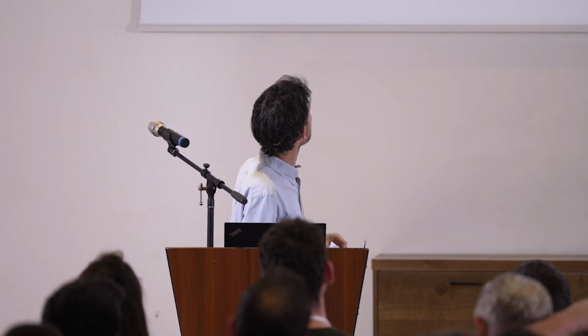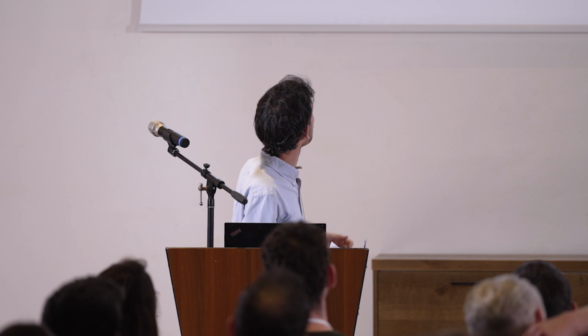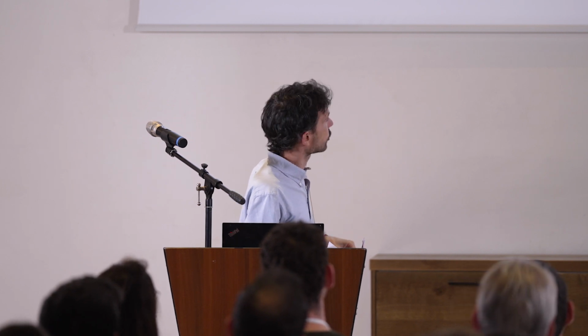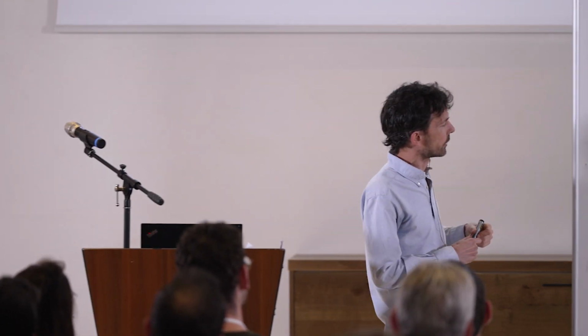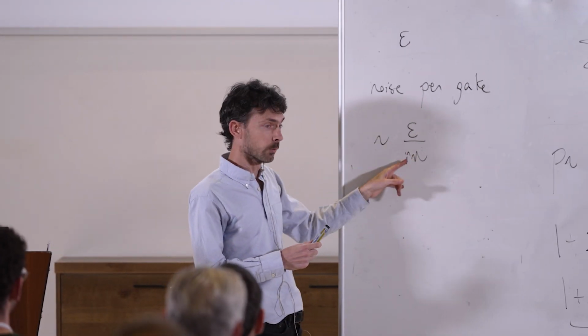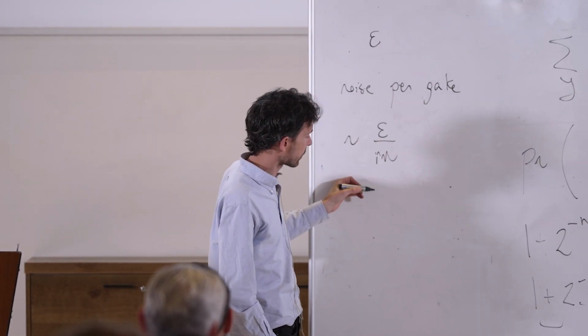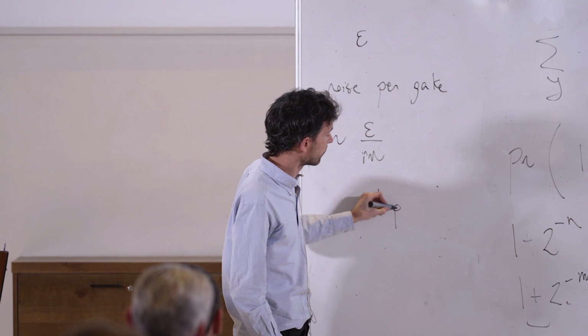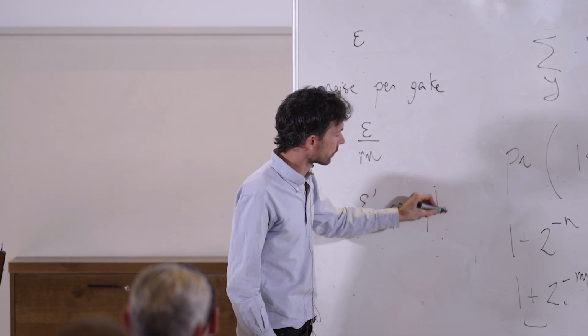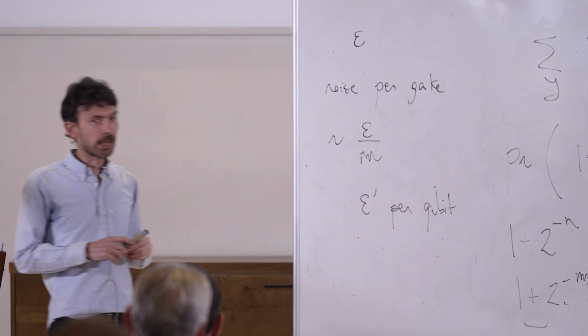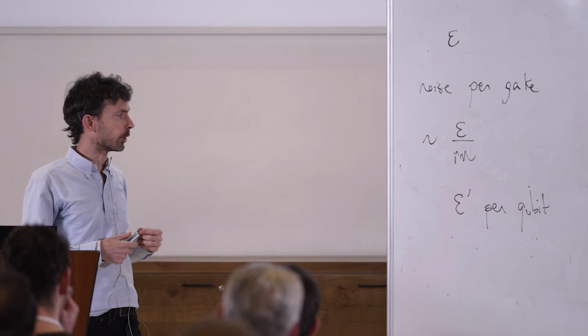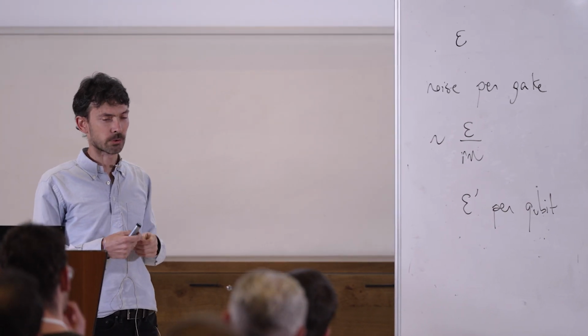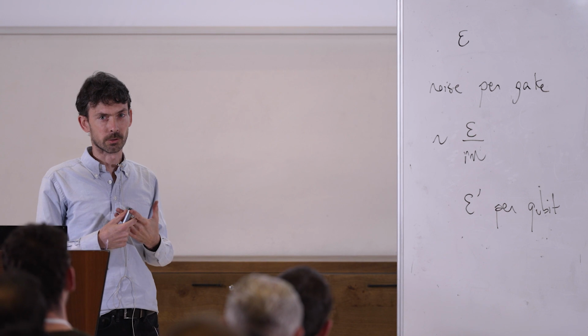And I didn't have time to discuss this, unfortunately, but just a few months ago there was a paper that shows that if your rate of noise doesn't scale with the number of gates, but instead is some constant epsilon prime per qubit, then there is a classical algorithm that samples from a distribution that's extremely close to the output distribution of the noisy circuit.